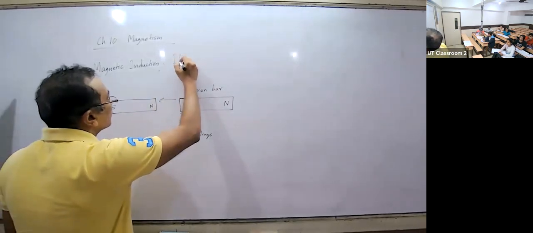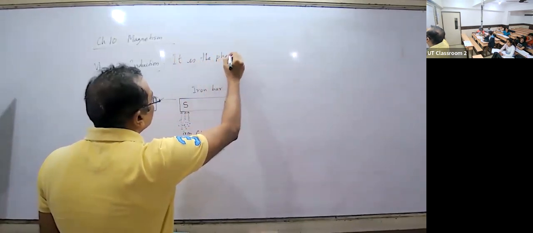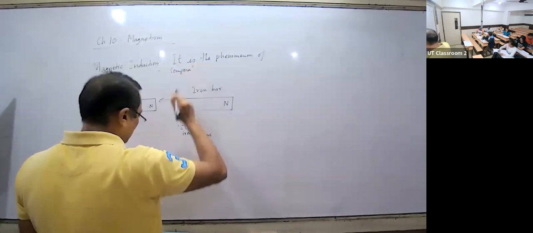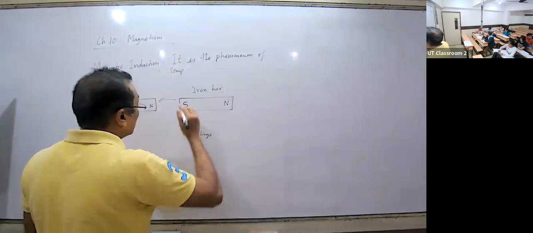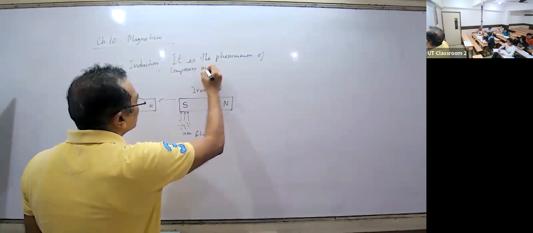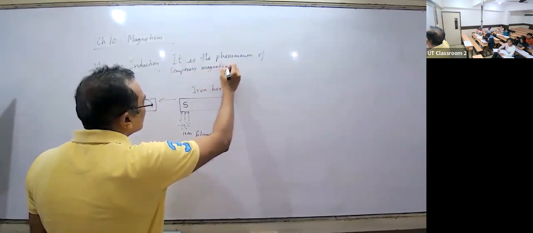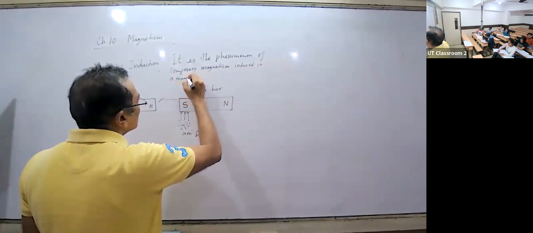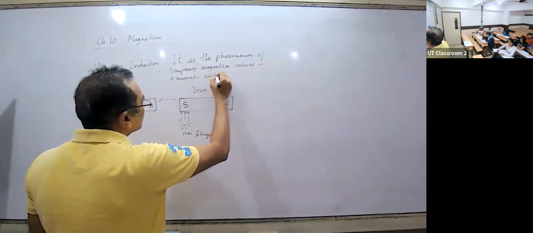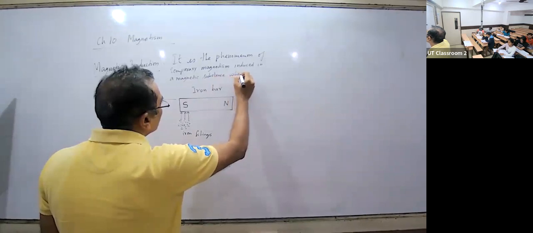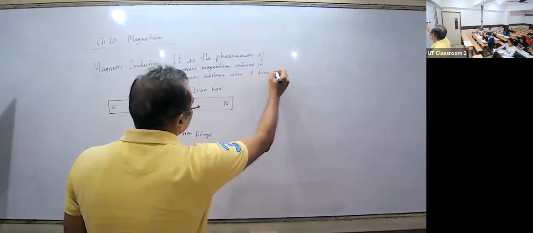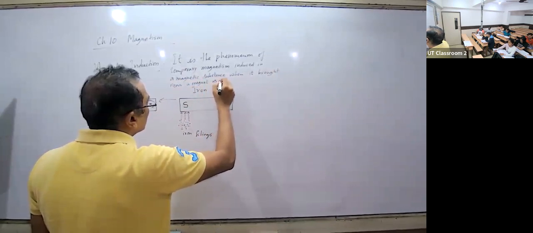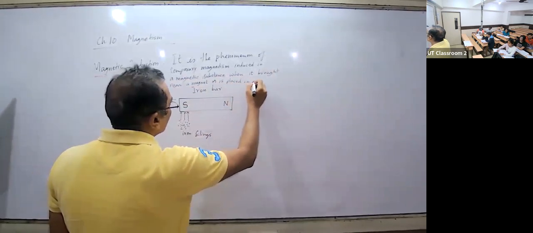So it is the phenomenon of temporary magnetism induced in a magnetic substance when it is brought near a magnet or is placed in contact with it.